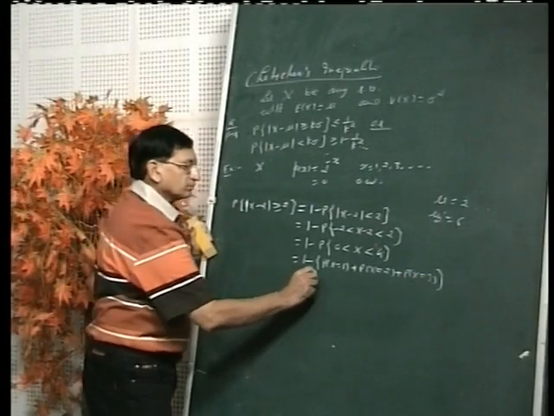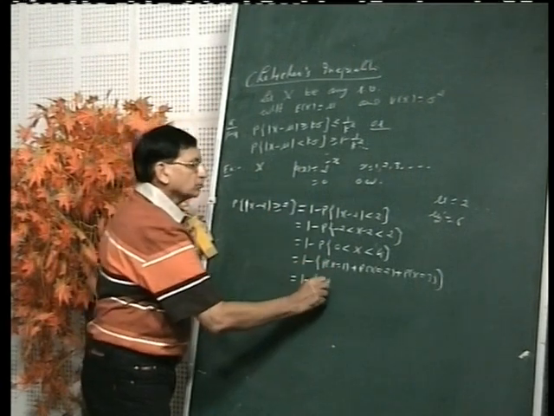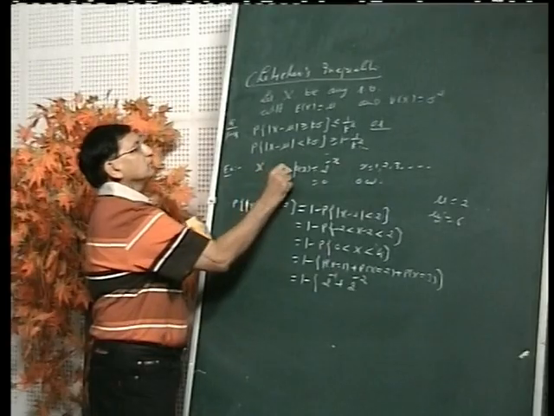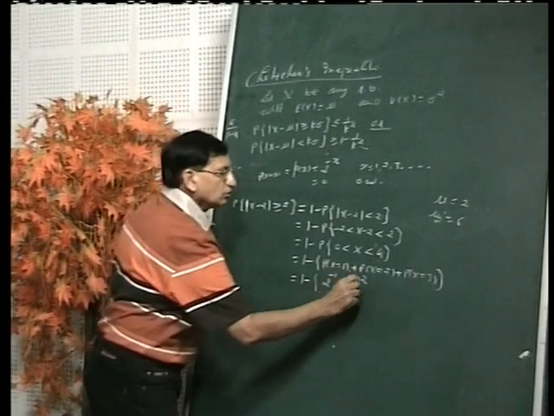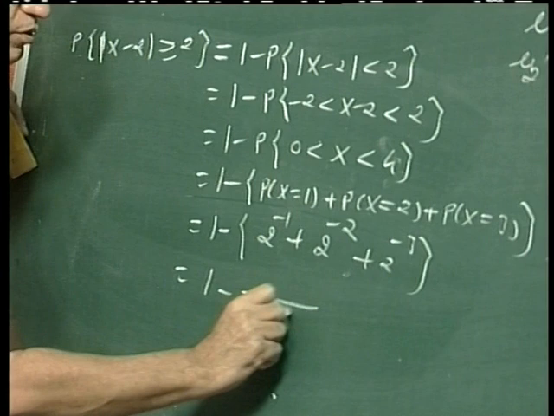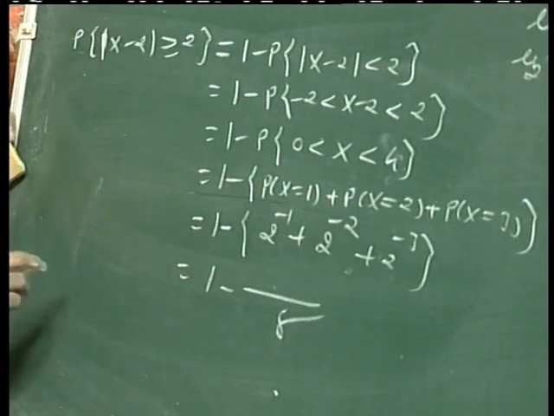So 1 minus this value. x is equal to 1 means 2 raised to minus 1. Probability that x is equal to x, this is p of x, same thing. So this is 2 raised to minus 2 plus 2 raised to minus 3. So 2 raised to minus 3 means 1 upon 8, 8 LCM.